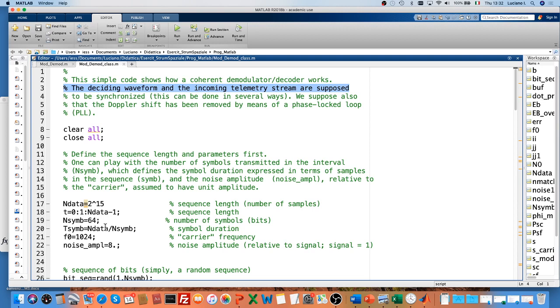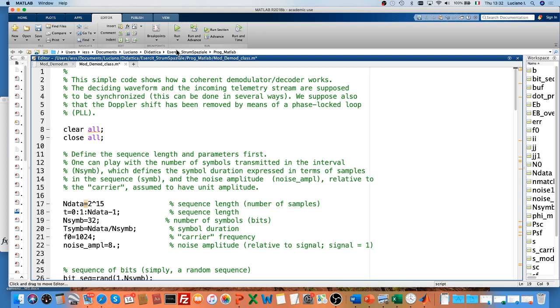Therefore, if we are limited in carrier power because the spacecraft is too far away, or because the antenna dish is too small, then we can reduce further the number of symbols, the number of bits.